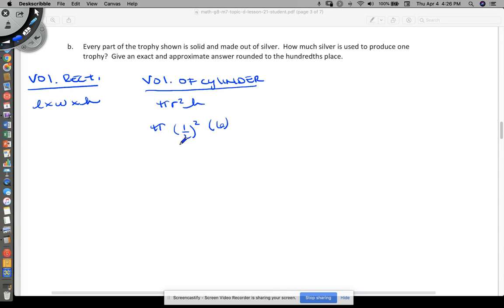Half squared gives me 1/4 times 6, and I'll just put the pi over here on the side now, which gives me 6/4. And I can reduce that to 3/2 pi. Multiply that by pi. 3/2 times 3.14 is going to give me 4.71.